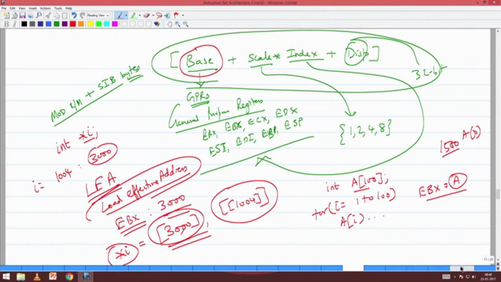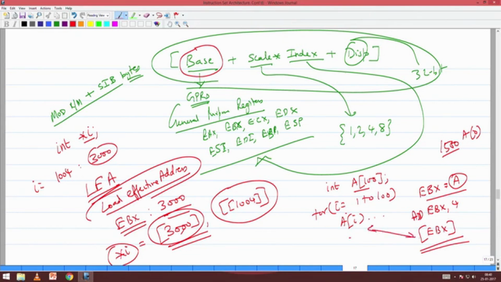Now, every time I start doing this, I will increment EBX by 4 and I will access EBX. Are you getting this? I will increment EBX by 4 and I will start accessing EBX.